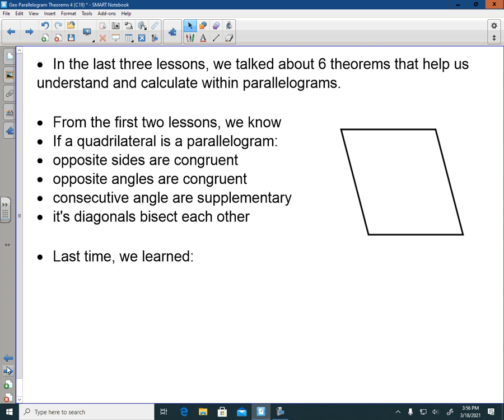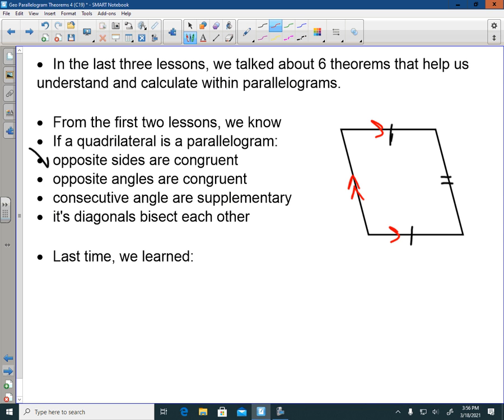In the last 3 lessons, we talked about 6 theorems that help us understand and calculate within parallelograms. And just like we were talking about in the warm-up, we can tell quadrilaterals are parallelograms from them. From the first 2 lessons, we know if a quadrilateral is a parallelogram, then opposite sides are congruent. We had to know it was a parallelogram first.